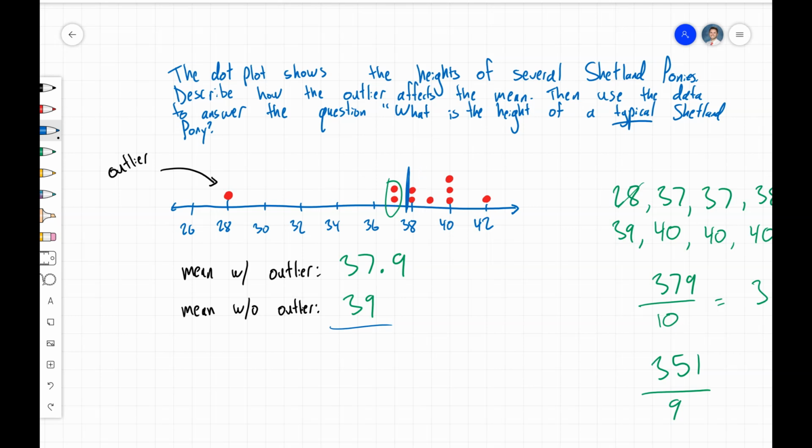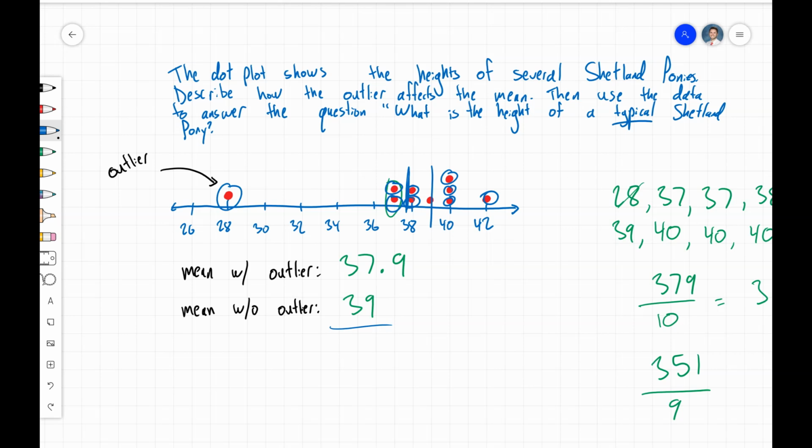When we group it that way, you have 1, 2, 3, 4, 5 points that are to the left of our mean, and 1, 2, 3, 4 points that are to the right of our mean, which seems to be doing a better job. It shows that's closer to what the average pony would be, because it's showing more of our data points really close to the middle there.